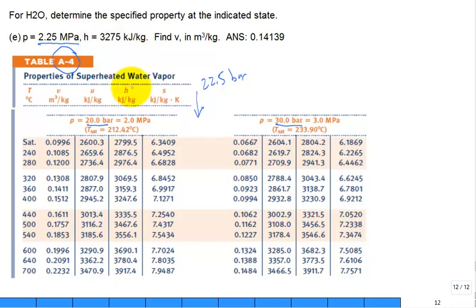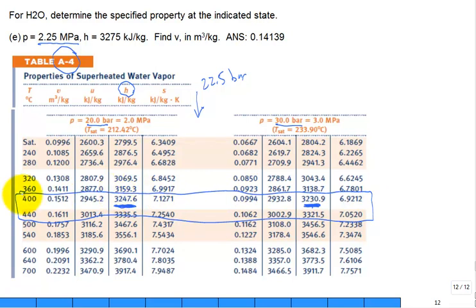You look down this enthalpy column for where 3275 falls between. Doesn't it fall right in here on this pressure block? And how about on the other one? Does it fall right in here? Well, this one's nice, it's easy. It falls in between the 400 and the 440 temperature lines on both of these.